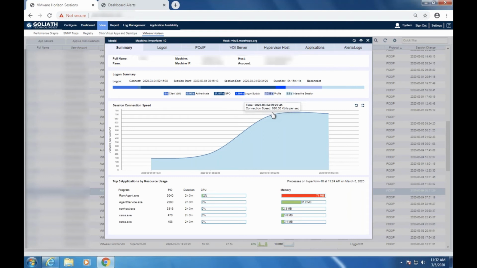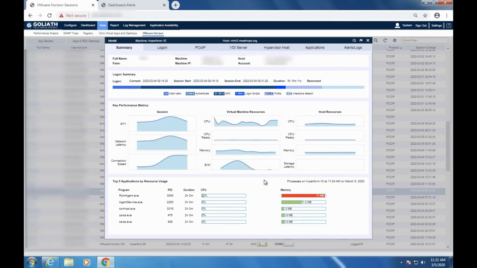So I remember they were telling us about a particular end user who was working from home starting at about 8 a.m., didn't have any issues, but then started experiencing issues within her session at about 3 p.m. Well, they flipped over to this technology, they isolated her session, they found that there was a huge drop in connection speed to about 1 megabit per second.